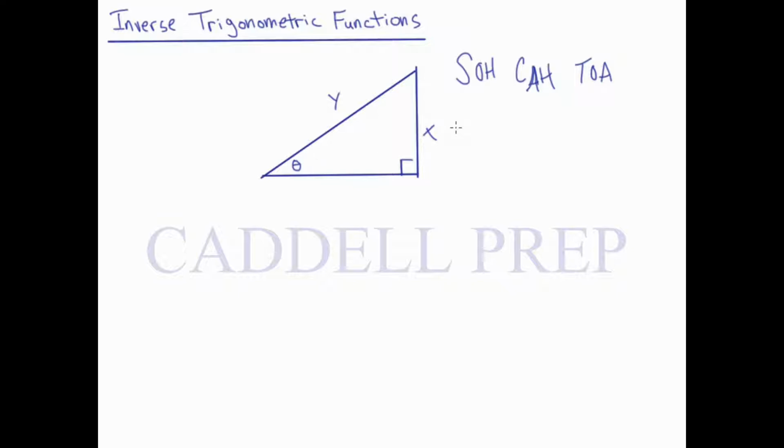We have an angle, the opposite side, and the hypotenuse. And we end up with sine theta equals opposite over hypotenuse. So we have sine of theta equals x over y.